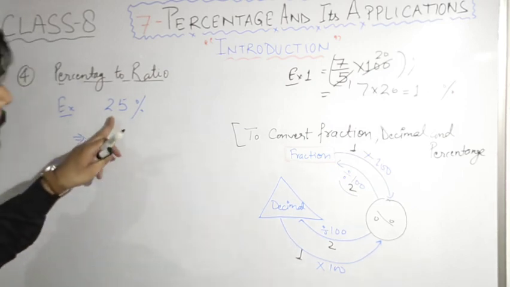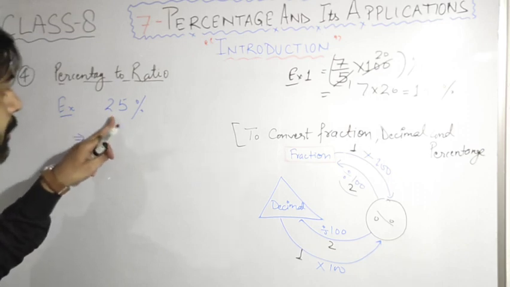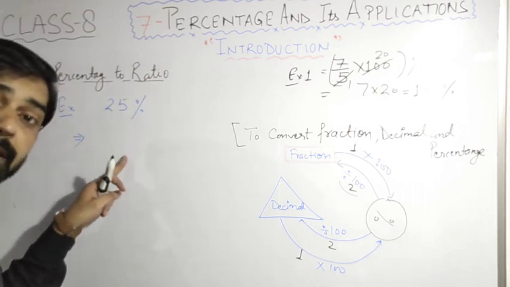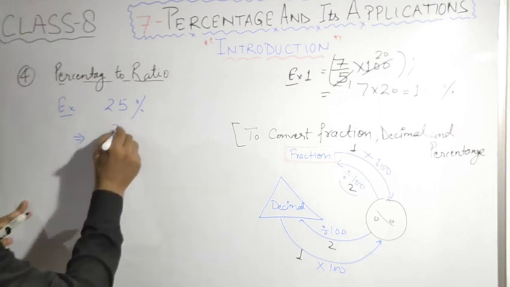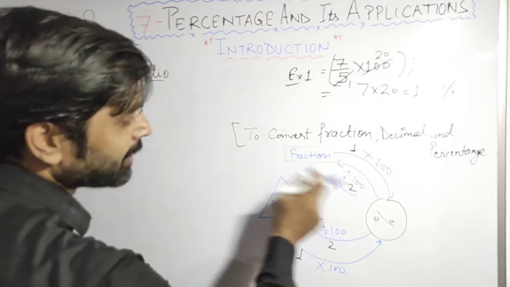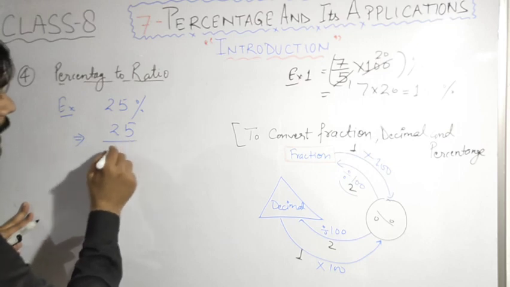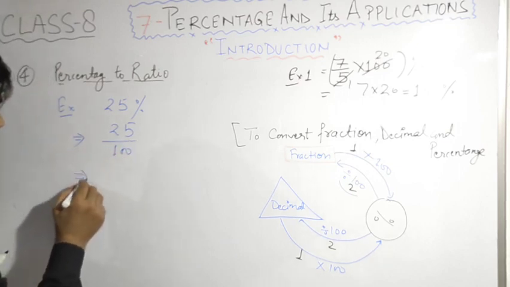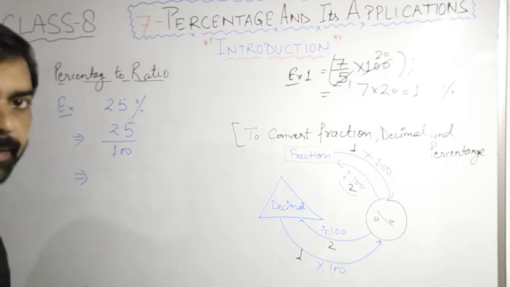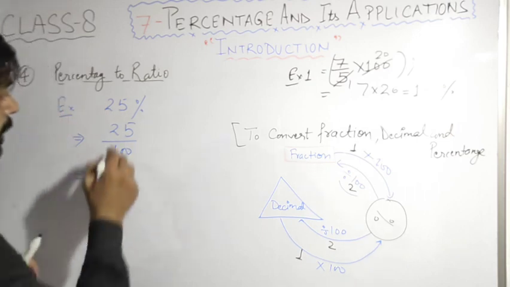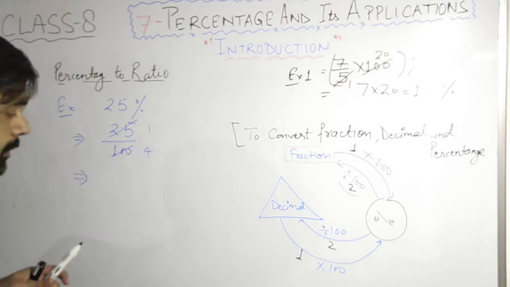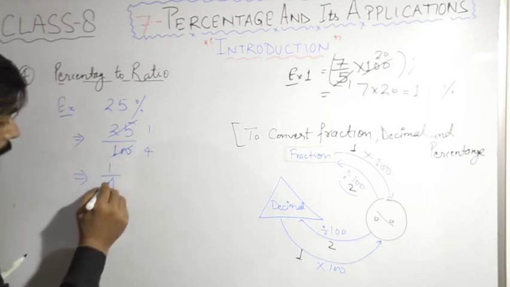So how can we convert any percent into a ratio? Firstly we convert it into a fraction form. How? By using the second rule, dividing by 100. Understood? Then write this number in the simplest form: 25 ones are 25, 25 fours are 100, and here you get 1 upon 4.